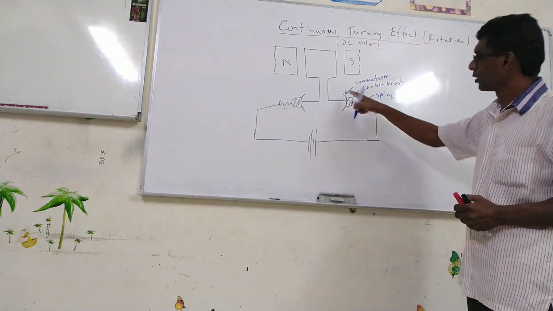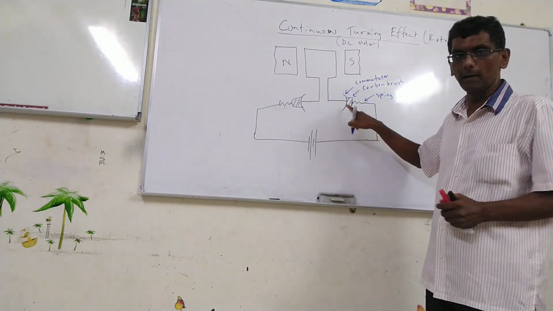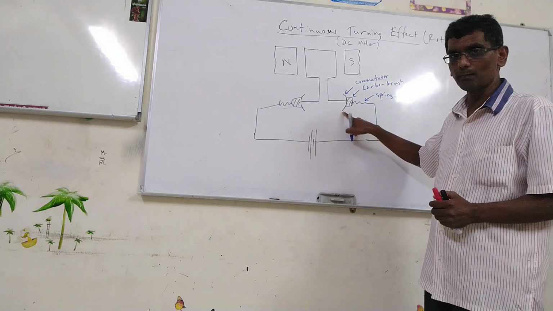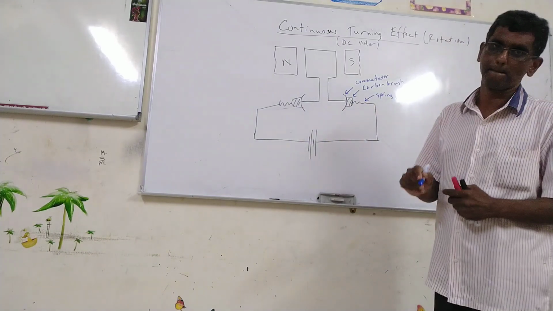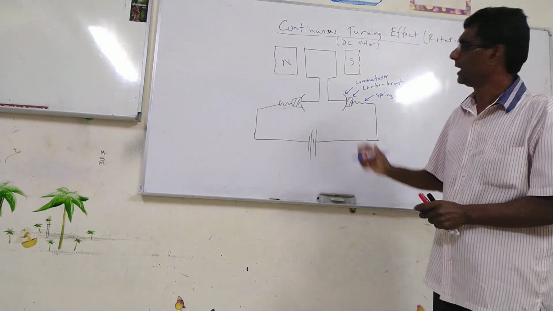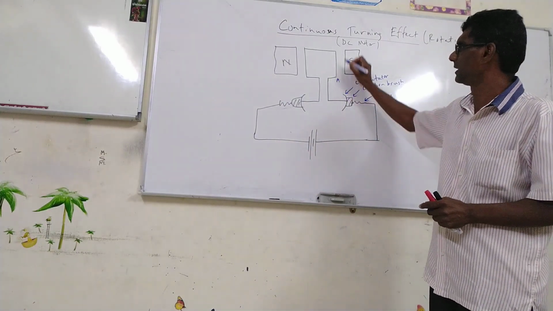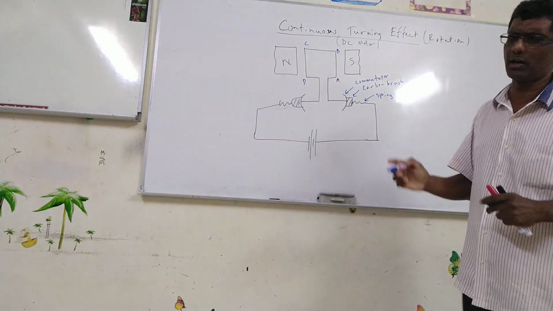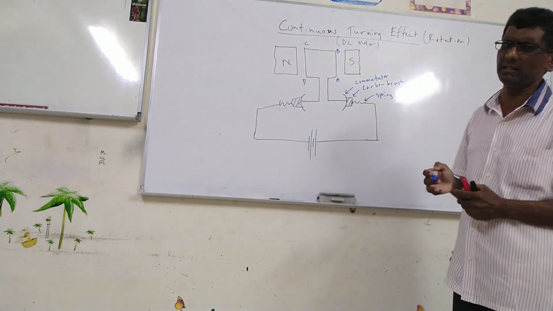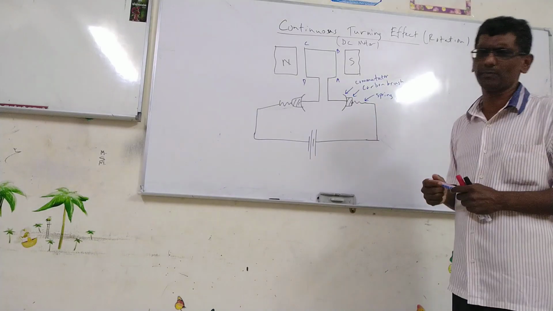Both side commutator, both side carbon brush, both side spring, and connect with the battery. And this coil ABCD, coil ABCD.